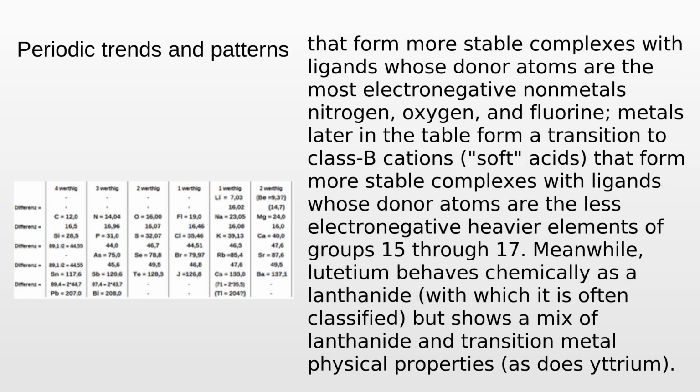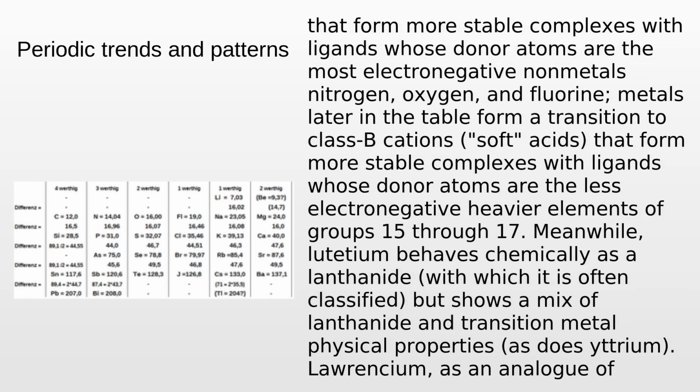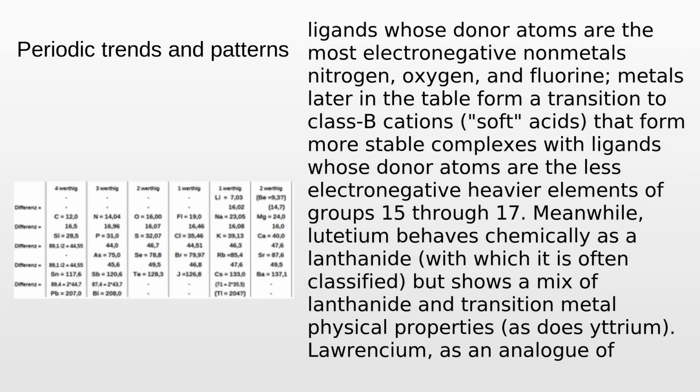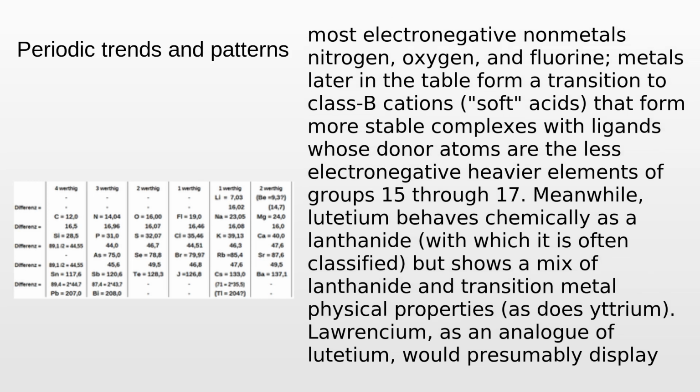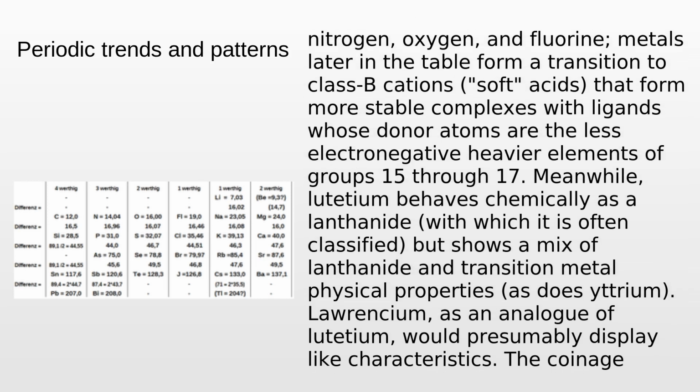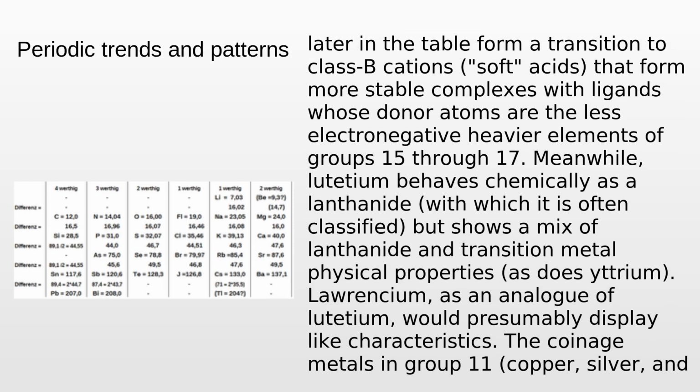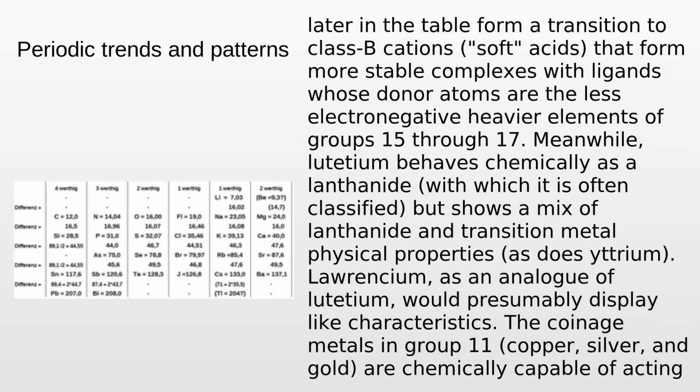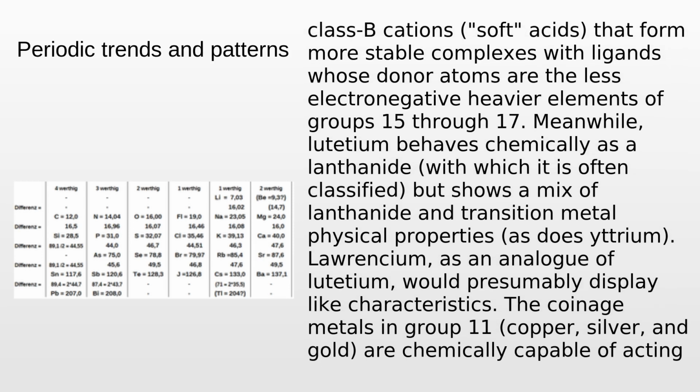Metals later in the table form a transition to class B cations, soft acids, that form more stable complexes with ligands whose donor atoms are the less electronegative heavier elements of groups 15 through 17.